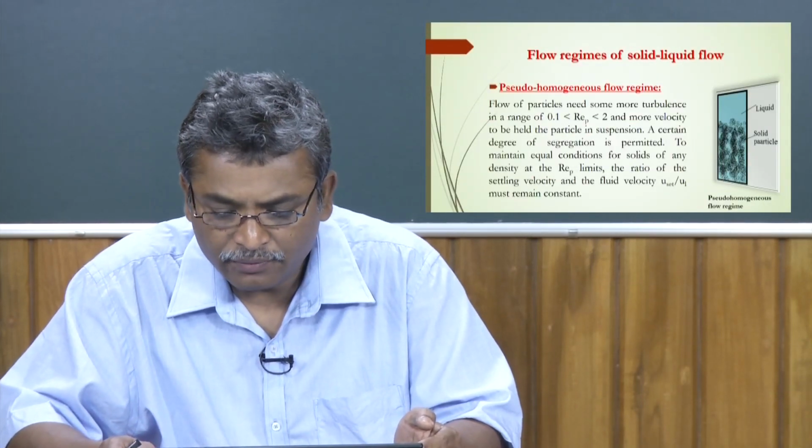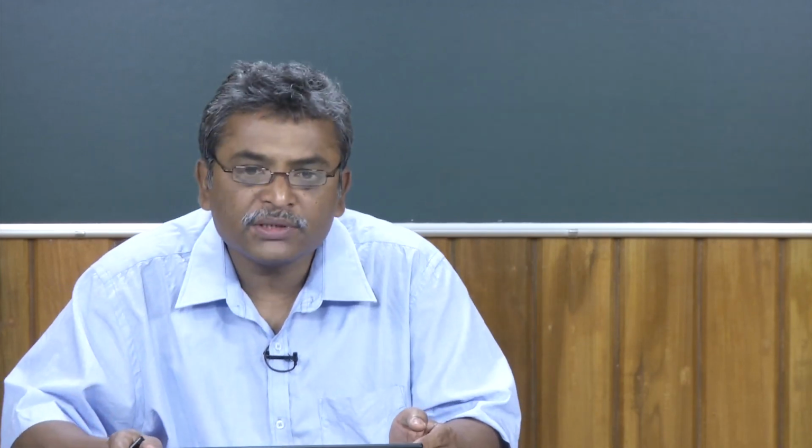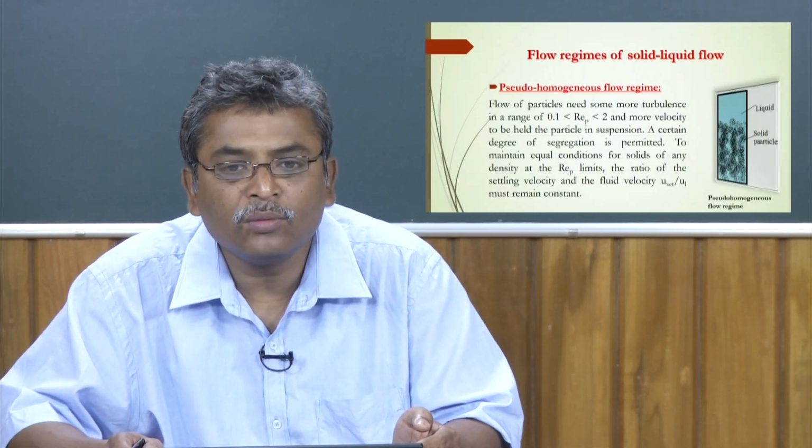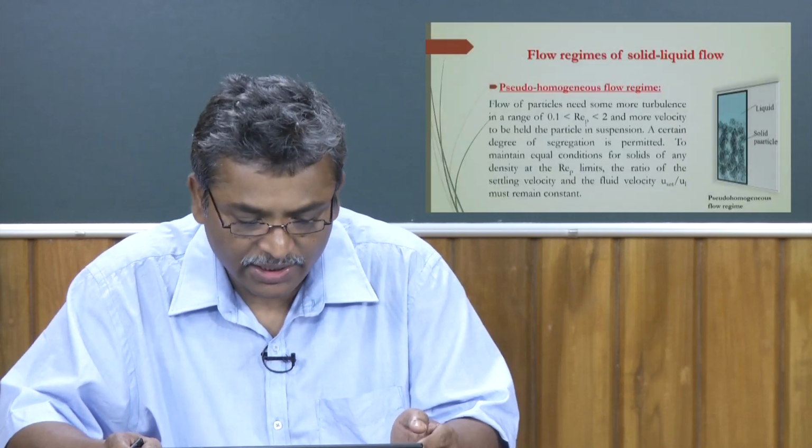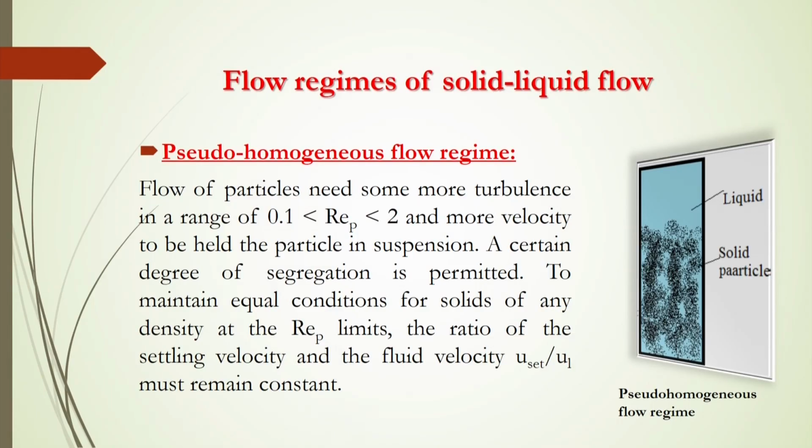Now, among the flow regimes of solid-liquid flow, another very important one is called the pseudo homogeneous flow regime. In this case, the flow of particles needs some more turbulence, so that the particles are suspended at very low velocity, but with a little turbulence. The Reynolds number range for this will be 0.1 to 2, and of course, to get this turbulence you have to apply more velocity compared to the minimum for the homogeneous flow regime.